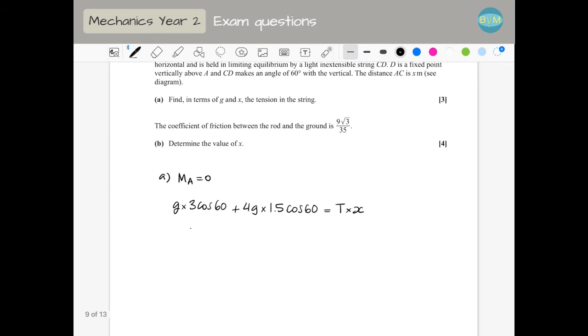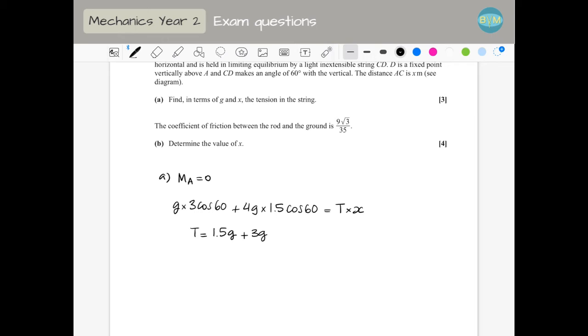And from here, we can write the tension. So the tension is going to be: cos 60 is 1/2, so 3 times 1/2, I can write 1.5. So 1.5g, or I could write 3/2, it doesn't matter. Then cos 60, again, is 1/2. 1/2 times 4 is 2. 2 times 1.5 is 3.